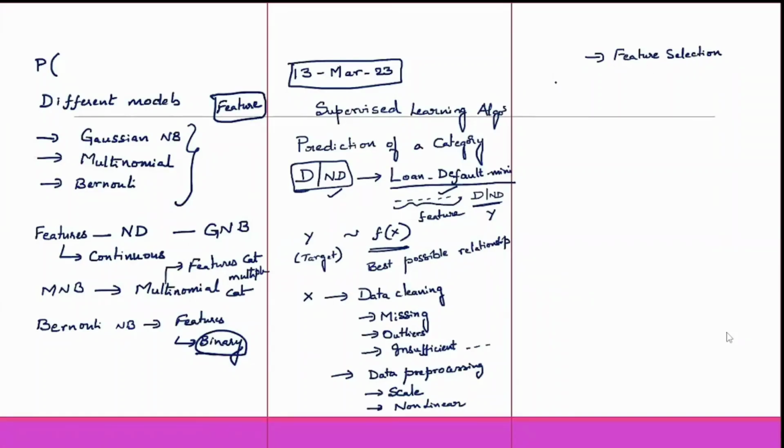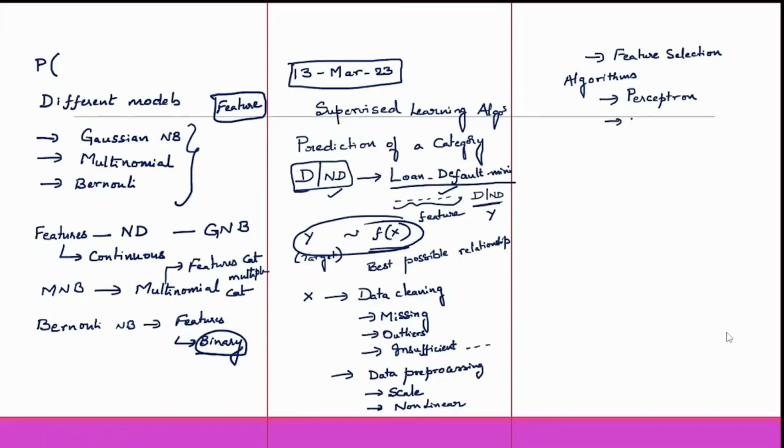And after we did all these things, we went ahead applying different algorithms. Algorithms are nothing but different functions. Each algorithm is targeted towards building the relationship between x and y. So we have looked at so many algorithms. Initially, we started off with perceptron.